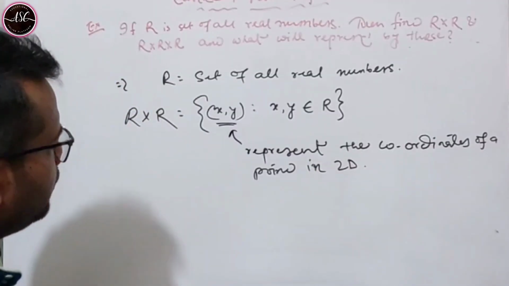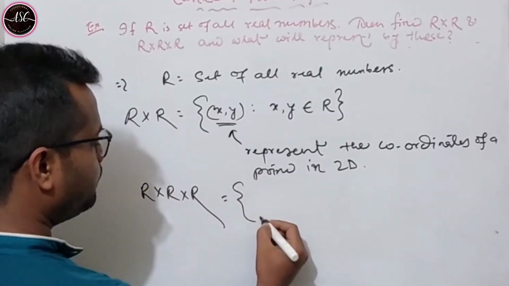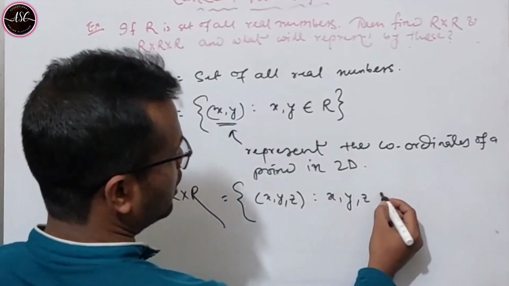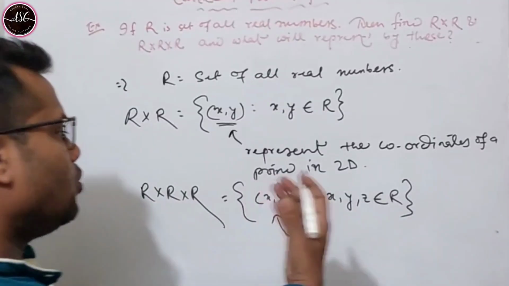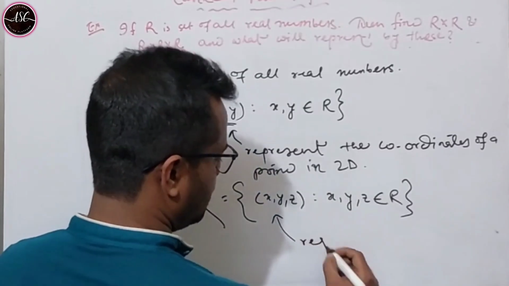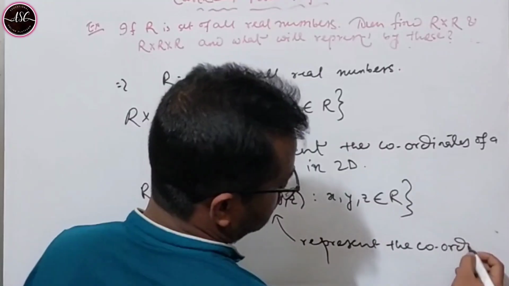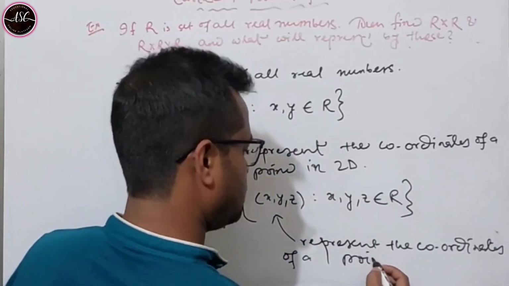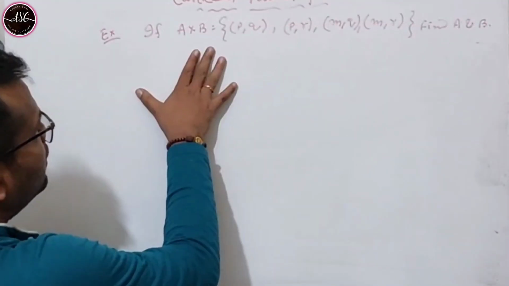Then R cross R cross R equals (x, y, z) such that x, y, z belong to R. And this represents the coordinates of a point in 3D, three-dimensional space. Okay, clear?